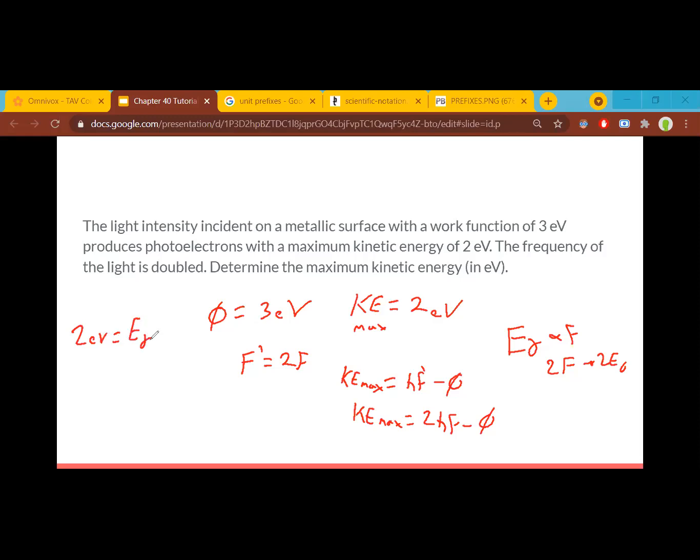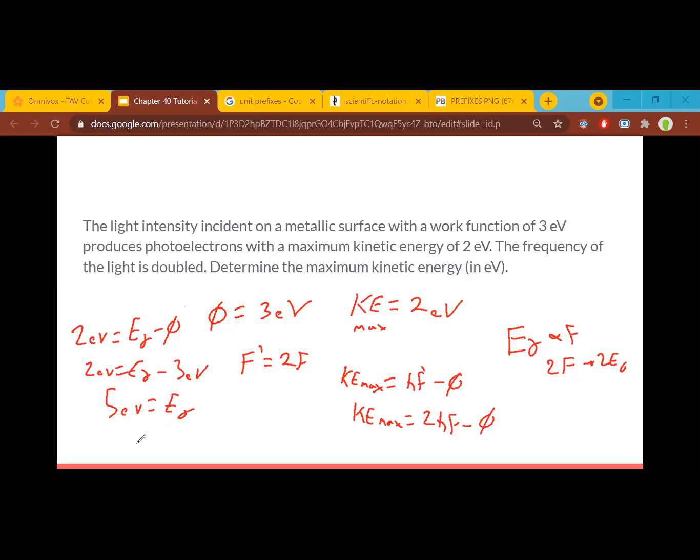That must be equal to the initial energy of the photons minus the work function, which is 3. So then you can find the initial energy of the photon this way, which would be, with some algebra, 5 electron volts.